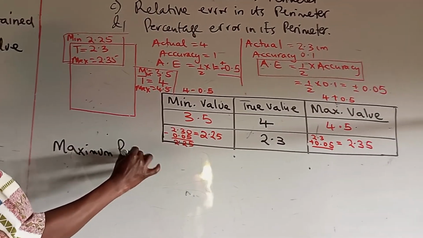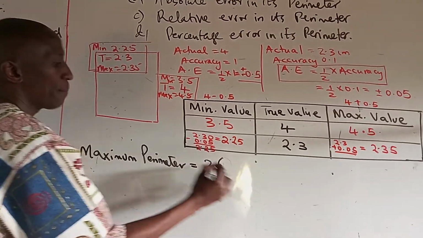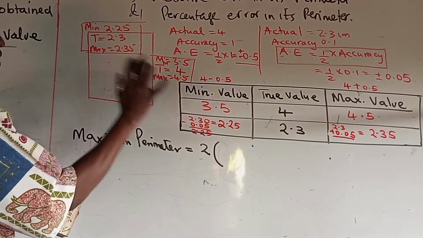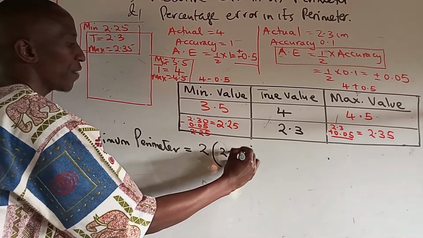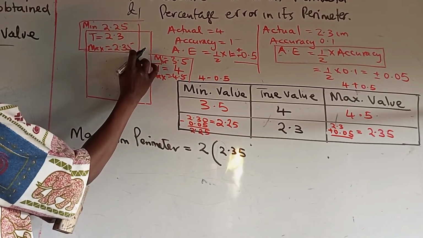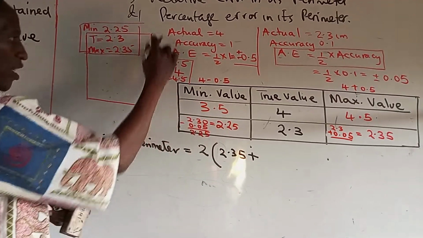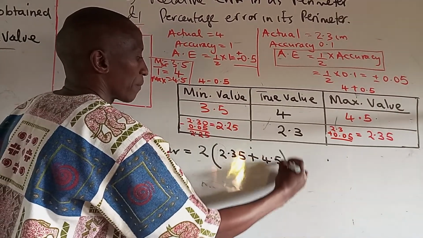The maximum perimeter will be obtained from twice the maximum length and the maximum width. 2.35 is the maximum on that length, and the maximum along this direction is 4.5.